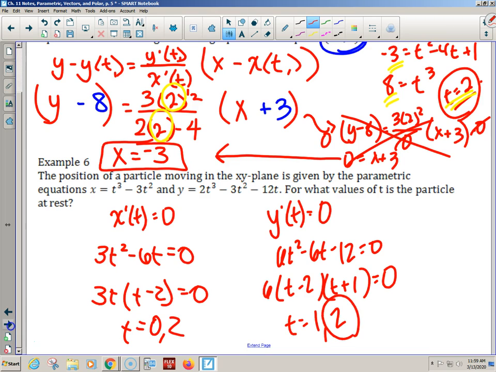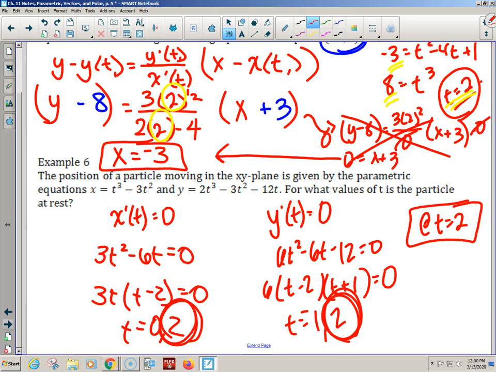What's the only time both of them were at rest? What's the only time it was truly at rest? If you were to give a justification, could you give me a good justification? Because the horizontal and vertical velocities are both 0, because x prime and y prime are both 0. That's all you would have to say.